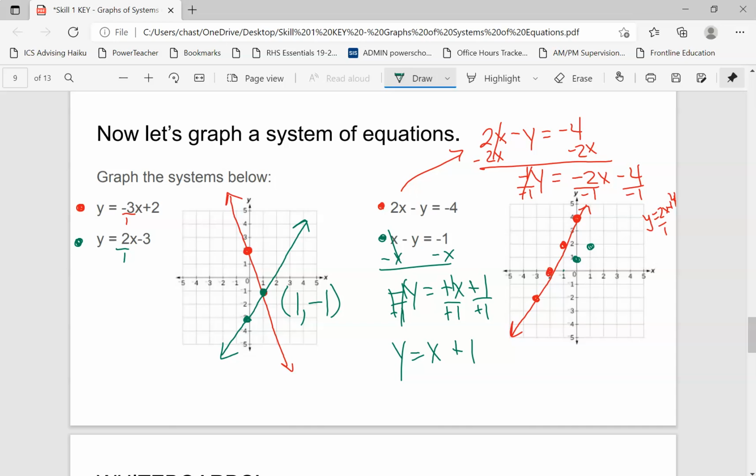I can also go down 1, left 1. And just be really careful here. These lines intersect actually at this point here that I did not draw very well. That intersection point is -3, -2. Okay? Good news is you'll do a lot of this on Delta Math, but you will need to know how to do it by hand for an assessment.